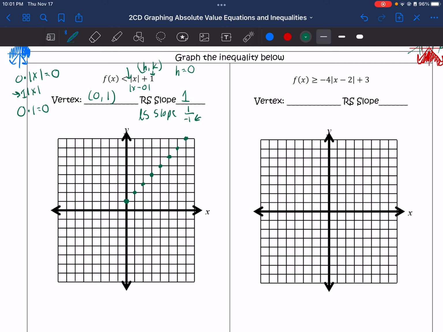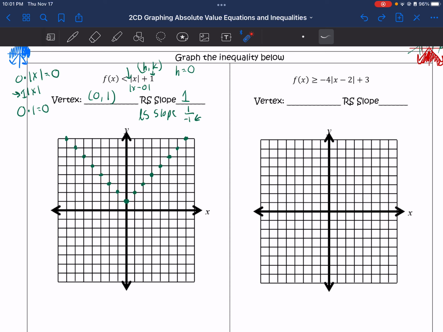We're going to go up 1, but now instead of right, we're going to go left. All we're changing is the direction that we go, either right or left. As you can see, you should see the same distance between each of these points to get this graph.